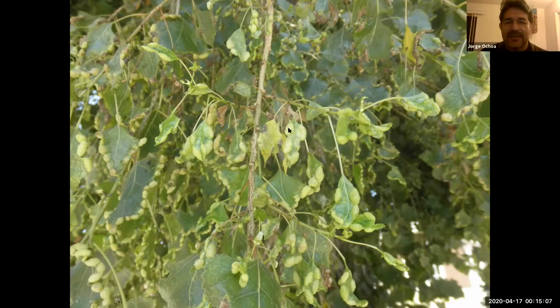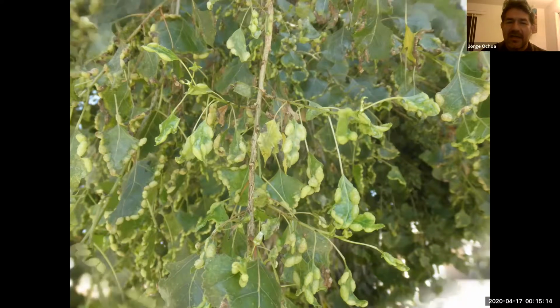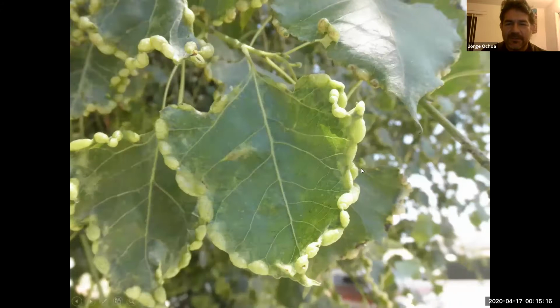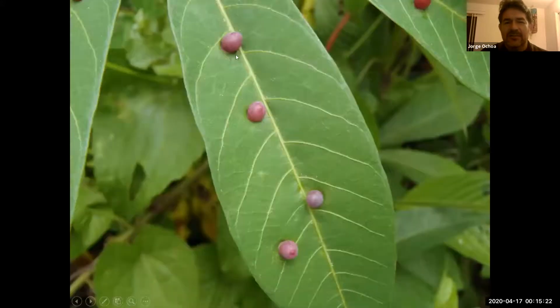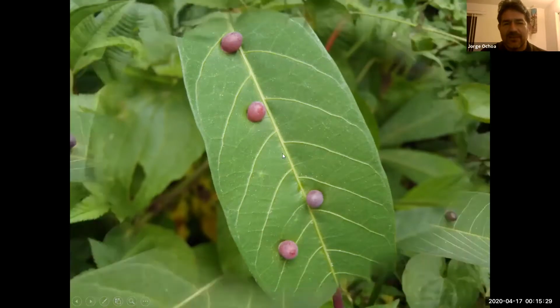It is within this tissue that the baby wasps that were laid are going to feed on. And so the baby wasp will be happily inside, eating and feeding, growing. And then as they get older, they will then find a way out or chew a way out. So here's some beautiful, colorful galls on some of the other plants.